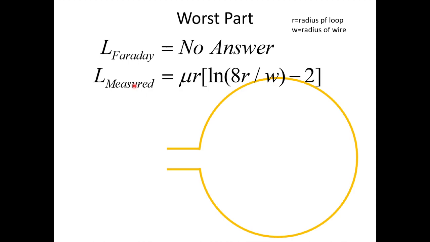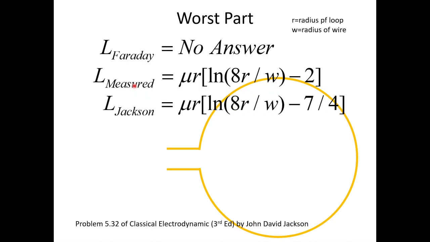Now, there is a solution using vector magnetic potentials. If you go into the book, problem 5.32 of Classical Electrodynamics, 3rd edition by John David Jackson, he says that the inductance of this loop is this, and this does not match the measured value.